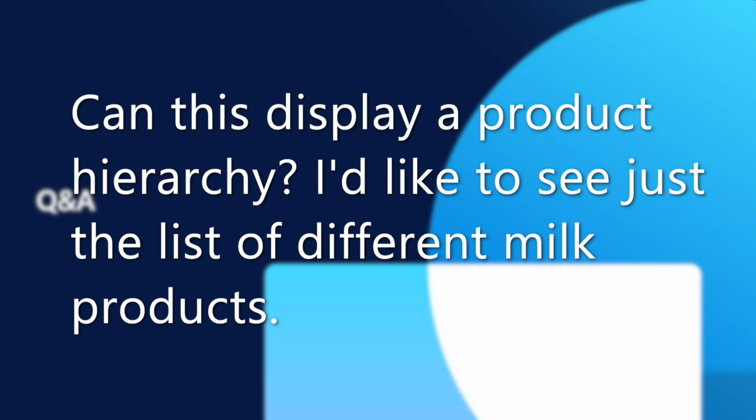Yeah, for product hierarchy, if you mean like in FNO, where you can see the top level product and the subsequent products categorized under that hierarchy, you can't directly see the hierarchy through the app.